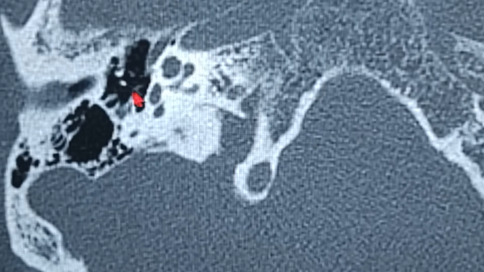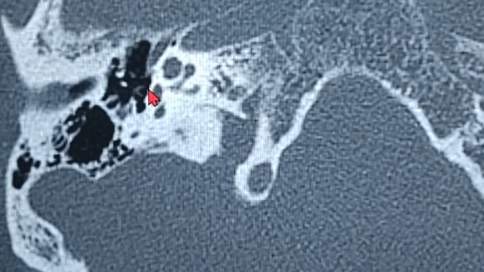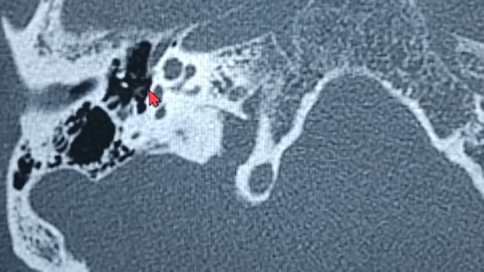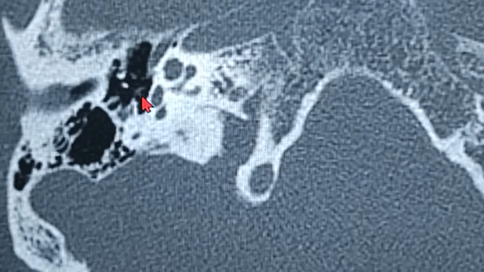The moment you see the stapes, in cases of mastoidectomy surgeries where the patient is having a lot of cholesteatoma, a lot of chronic mastoid infection, a lot of opacification in there, and in certain cases you are not able to see the stapes, completely absent because of the necrosis happening inside.